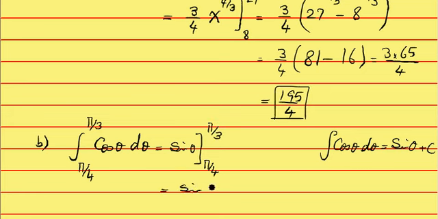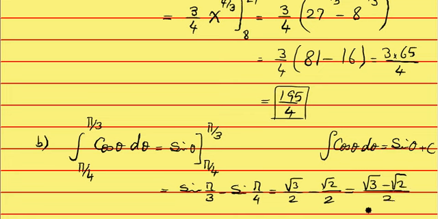So this is sine of pi/3 minus sine of pi/4: sine of 60 degrees, if you remember, radical 3 over 2, sine of 45, radical 2 over 2, and all you can do here is just write it like this. I hope you don't make the mistake of thinking that the numerator is radical 1 or anything like that.